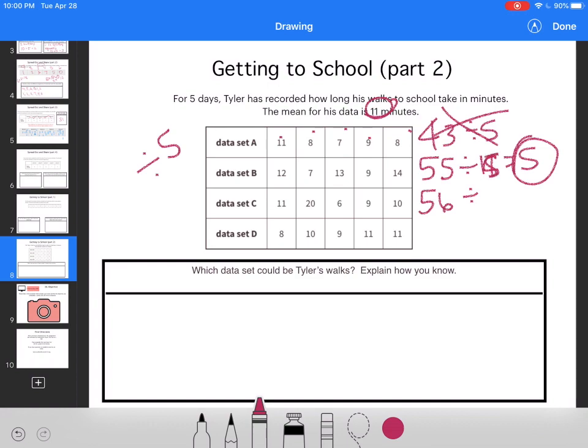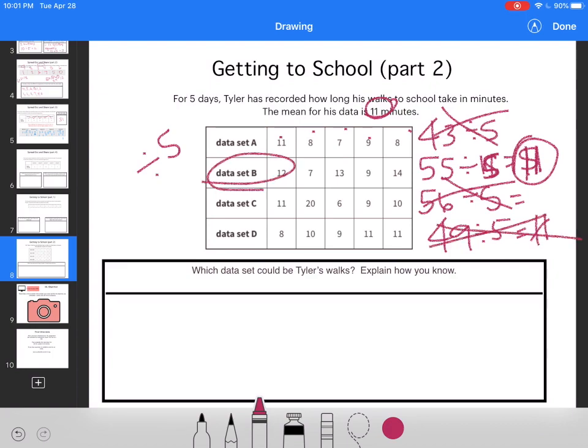I should have said divided by 5 equals 11. So then I've got 8. Even though this one has 2 11s in it, it's only 49. And 49 divided by 5 is not going to give me 11. So it had to be data set B.